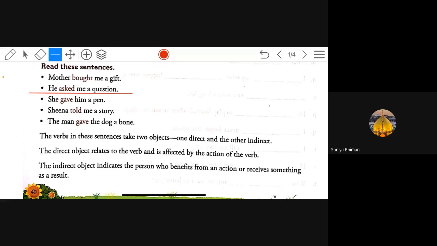Me is indirect, and equation is direct. Okay. Now tell me the last one. The dog is indirect and the phone is direct. Very good. So is anyone having any doubt over here?